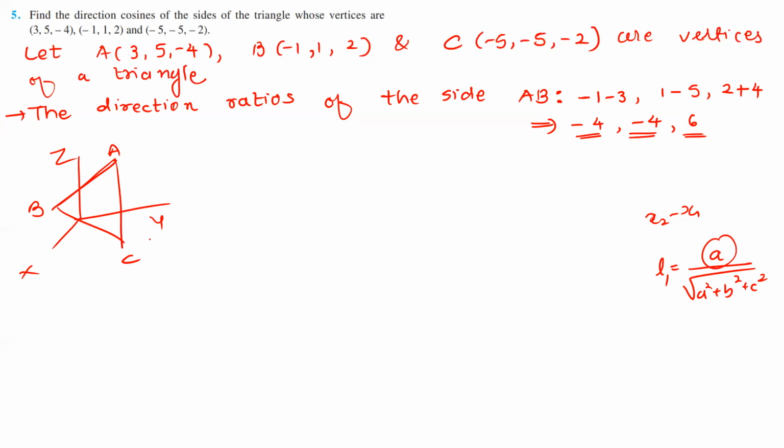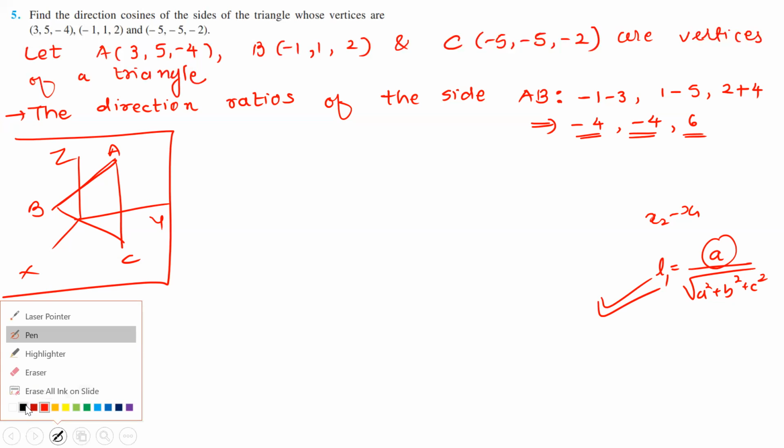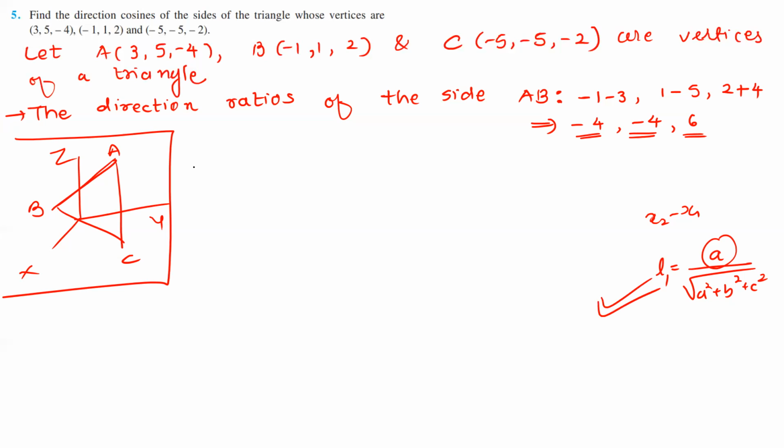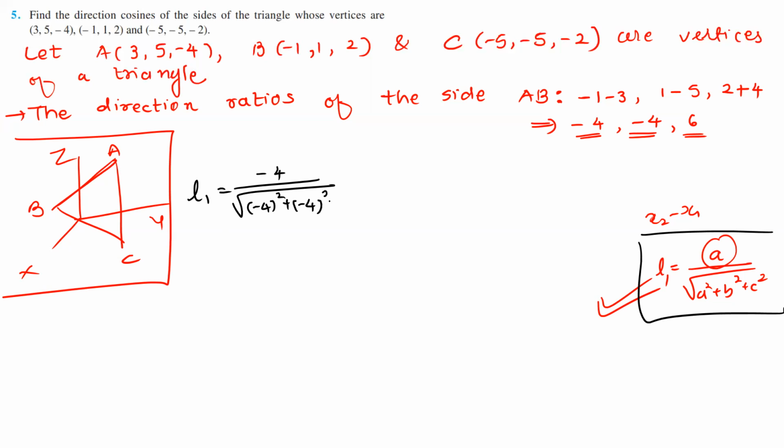How do we find them? If we have direction ratios, this is the formula. We are using this one. L1 is equal to, I'm not writing the formula as I have mentioned it above, A, that is -4, under root of (-4) square plus (-4) square plus 6 square.